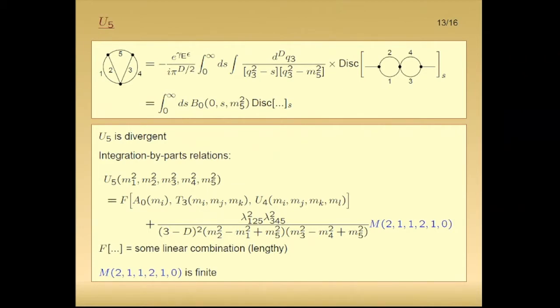Here I chose basically to use an integration by parts relation for that, where one gets a somewhat complicated expression of simpler integrals, and then this same integral, but with some of the propagators taken to the power 2. So I take basically the first and the fourth to the power 2, and then it turns out it's finite.